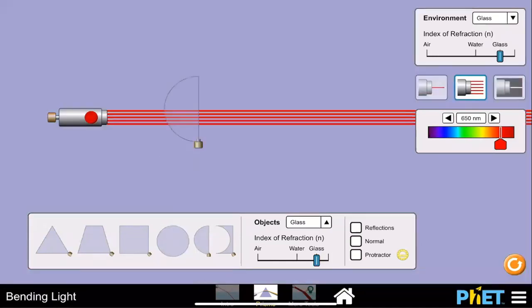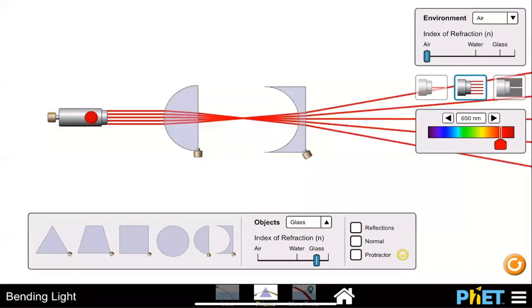So if the object has the same medium as the environment, there is no refraction that will take place. So I have here air now as the environment. You can notice the convex lens converges, focuses on one point, while the concave lens scatters all the light rays that have been converged.